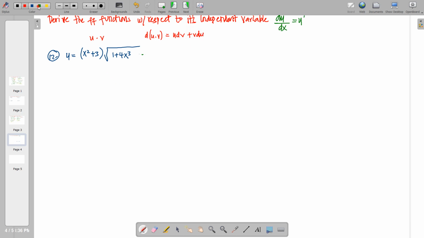So we just have to follow that one. So copy u, x squared plus 3, derive the way this is dy over dx.